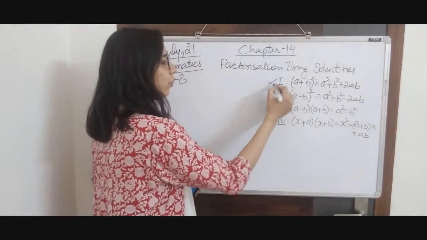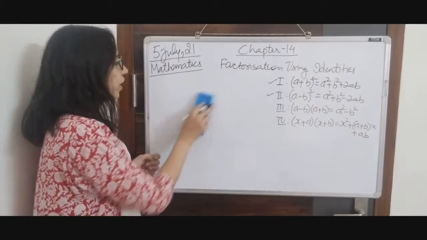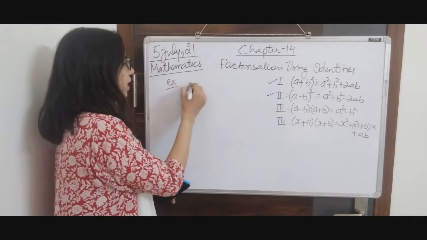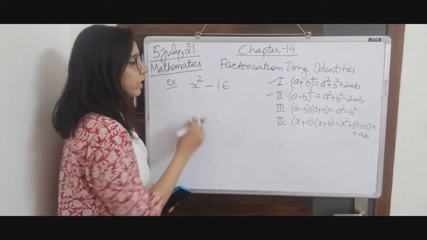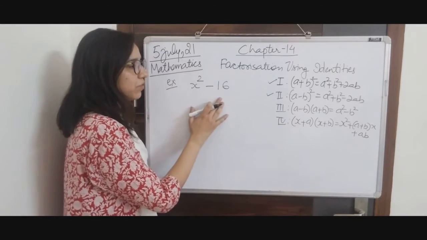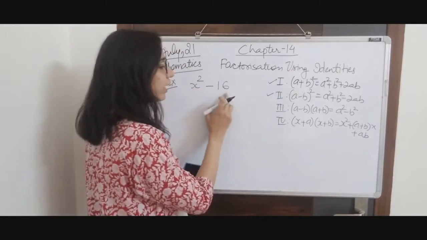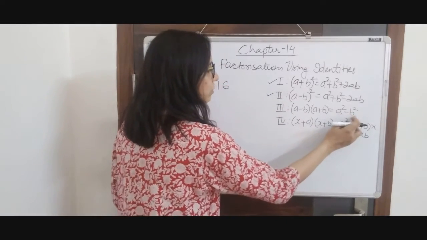So we learned how to use the first and second. We are going to use the third one now. Suppose we are taking an example of the expression x square minus 16. Now in it we have only two terms, and we can see that we have two square terms, which appear in only one identity, that is the third one, a square minus b square.